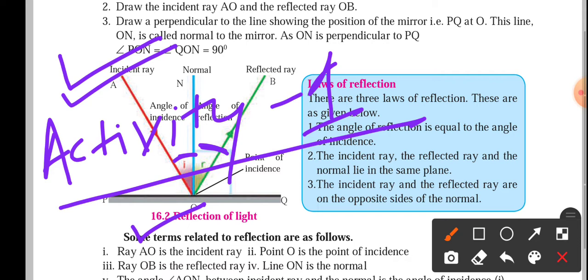You can use your protractor to draw this diagram. And along with this, you have to write the 3 laws of reflection. So this is your activity number 1: draw the reflection of light diagram and write the 3 laws of reflection.